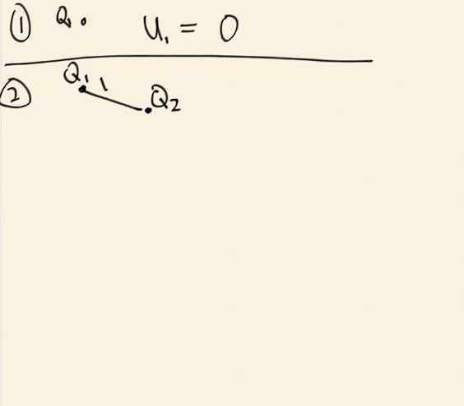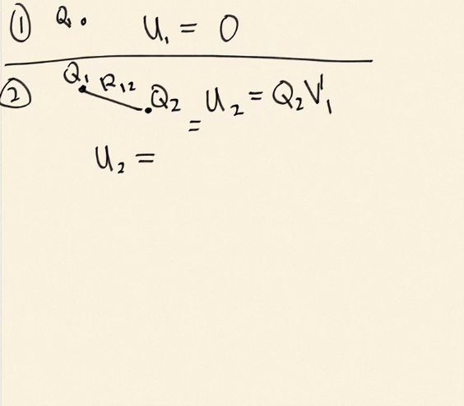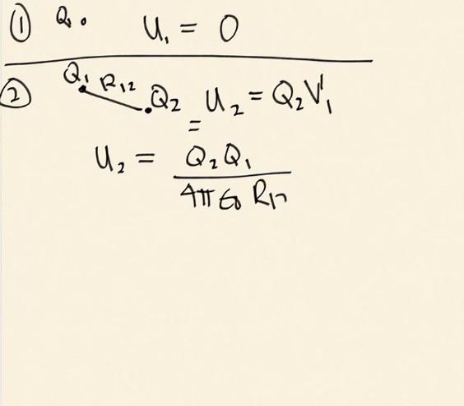Q1 is producing an electric field that Q2 feels as we bring it in, and we know that the potential energy change of Q2 due to Q1, if I move it from infinity to this location, is given by the charge Q2 times the potential generated by charge 1 at that location. I left off the delta here because at infinity the potential energy we're defining to be 0. And so this second bit of energy I have to expend to place Q2 then is going to be Q2 Q1 over 4 pi epsilon naught R12.